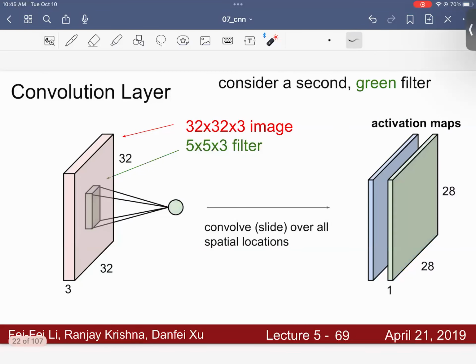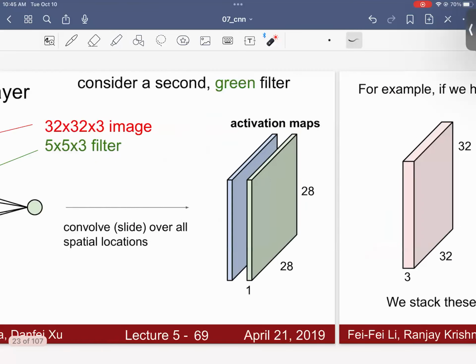If you use another filter, which is the green filter, the second filter, you get another activation map, right? The number of activation maps is determined by how many filters you use for the convolution. If you use 2 filters, you get 2 activation maps. If you use 3 filters, you get 3 activation maps.